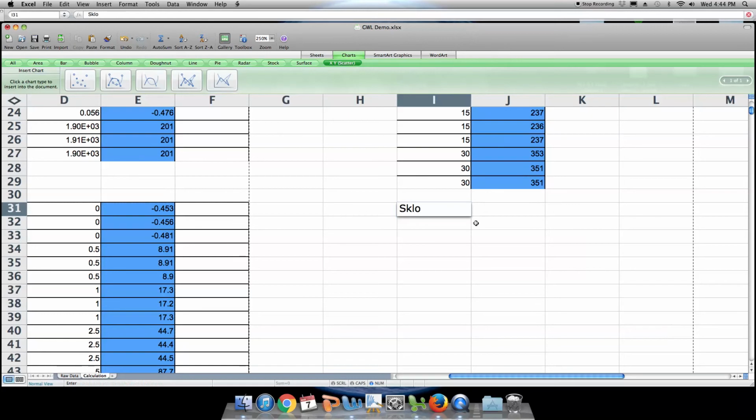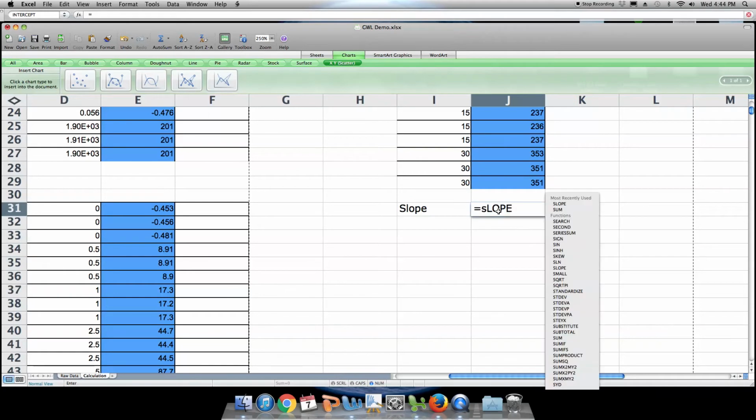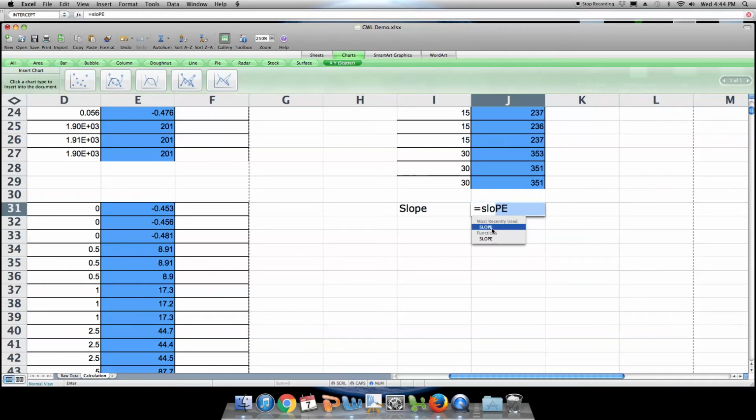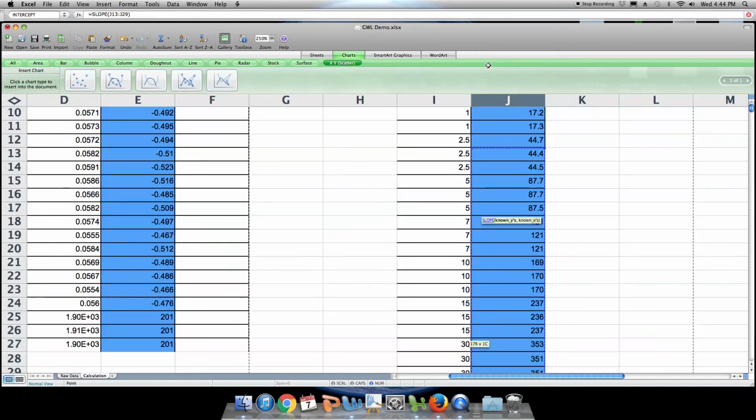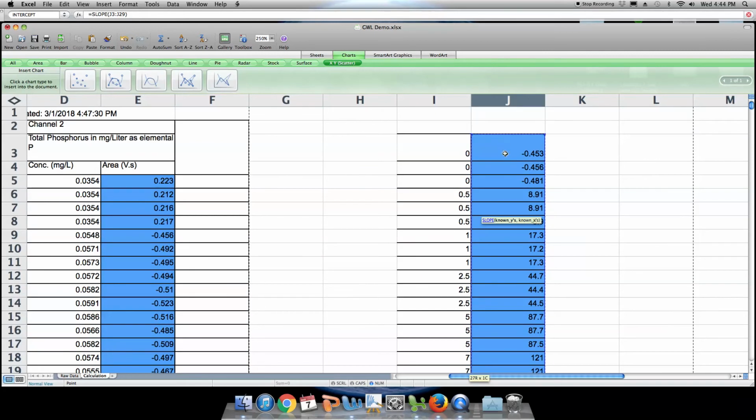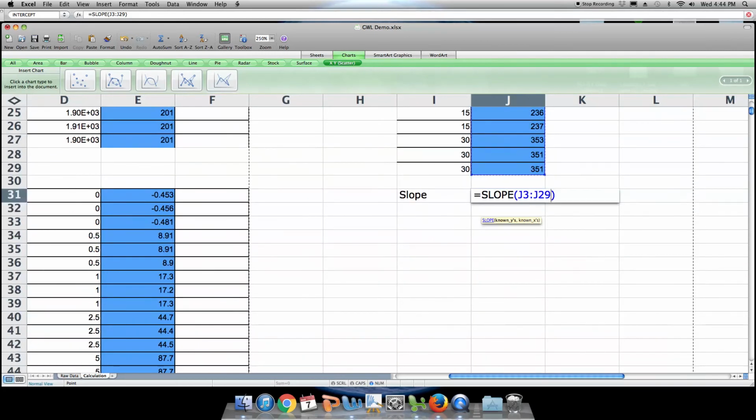So let's calculate the slope of our calibration line. Equals slope. We enter the known Y values, which are, of course, the peak areas. Always put your peak areas on your Y axis when doing any kind of analytical chemistry.